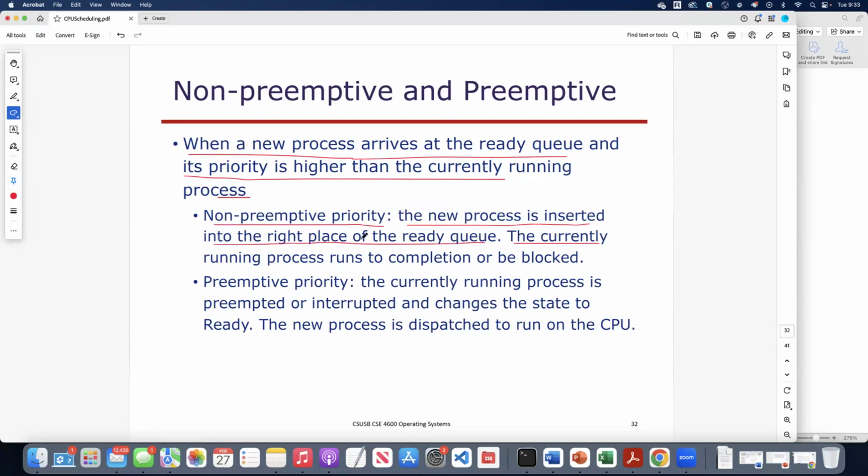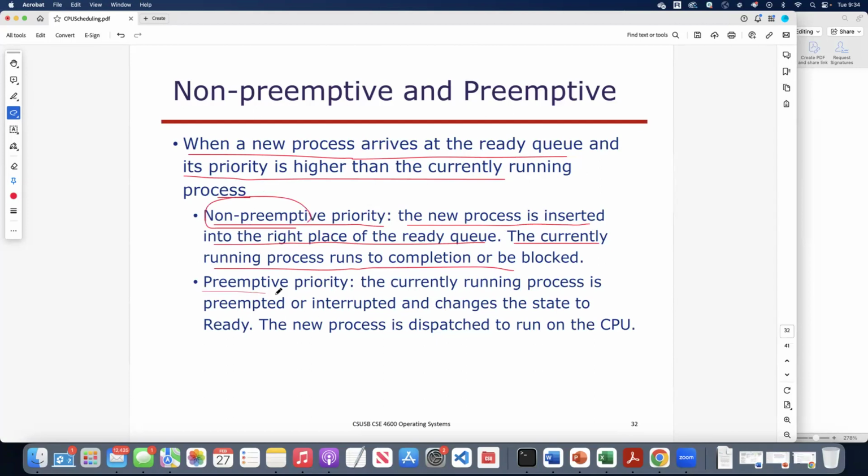The current running process continues to run on the CPU until it terminates or is blocked. So the current running process will not be interrupted by this new process. This is non-preemptive priority scheduling.